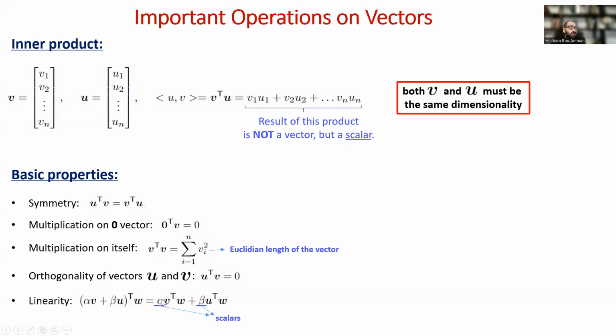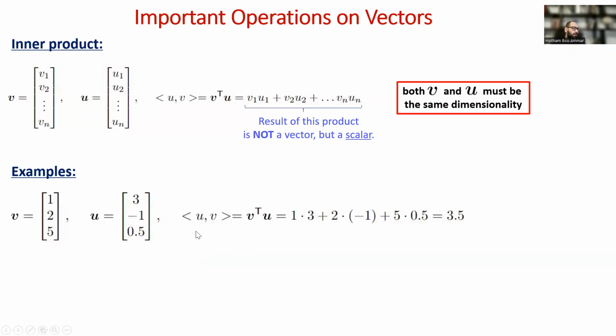This will be equal to alpha times the inner product of v and w, plus beta times the inner product of u and w. So this is a linear operation. You will have alpha multiplied by v transpose w, which is the inner product between v and w, and then beta multiplied by u transpose w, which is the inner product between u and w.